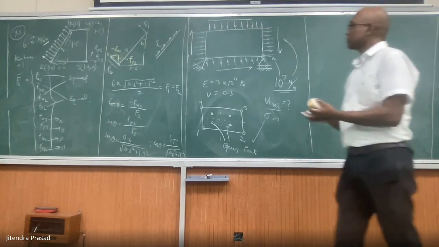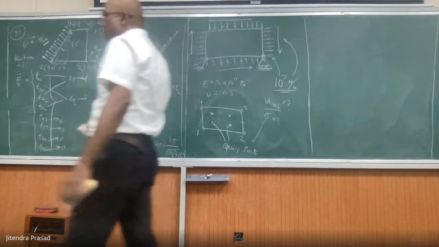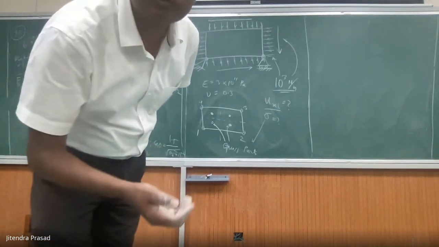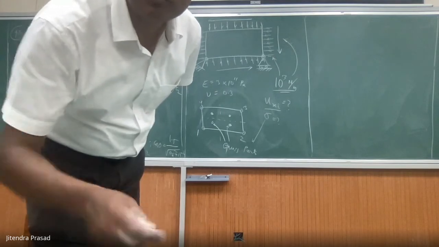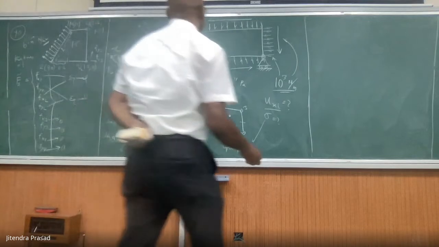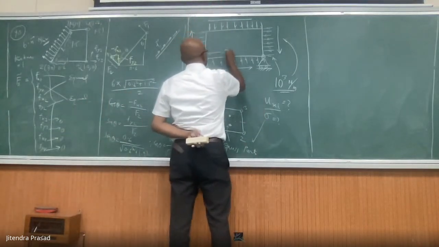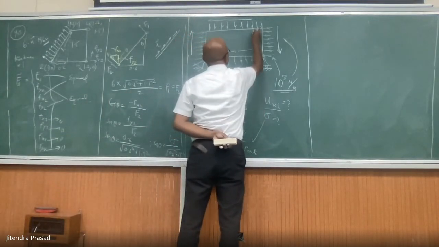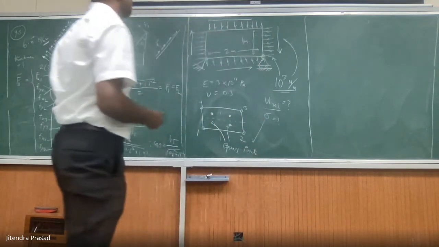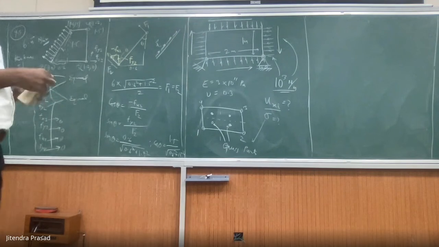So how will you proceed? The dimensions are 1 meter and 2 meter. So from here to here is 2 meter, and here is 1 meter. Is it difficult, easy? What do you think?